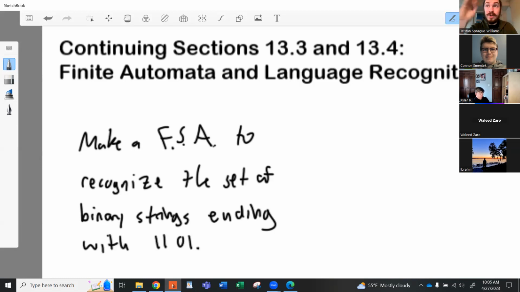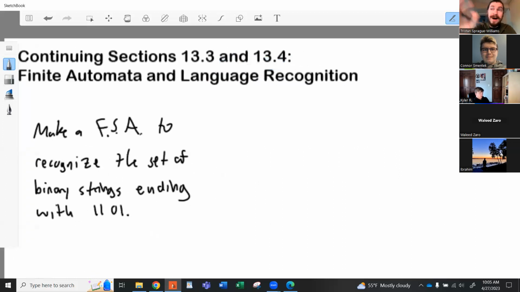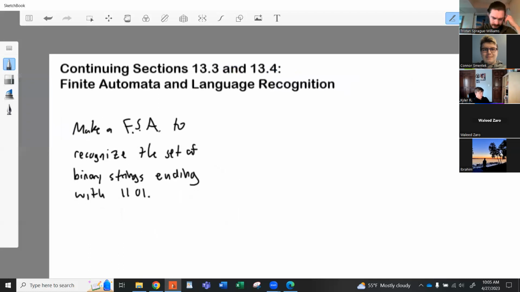Two days ago, we did an example of a finite state automaton that recognizes binary strings that contain 1101 as a consecutive substring. Today, we're going to modify that approach a little bit and ask, what if we want it specifically to end with 1101?